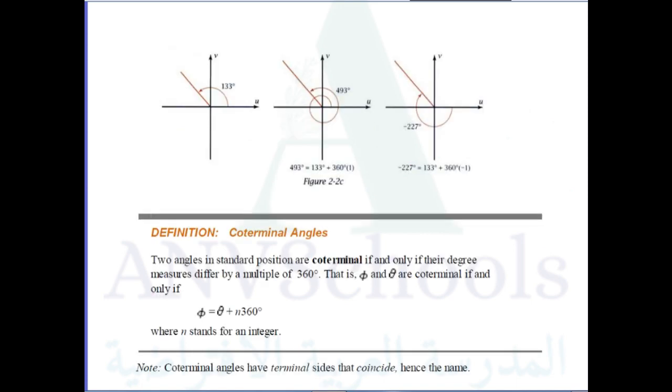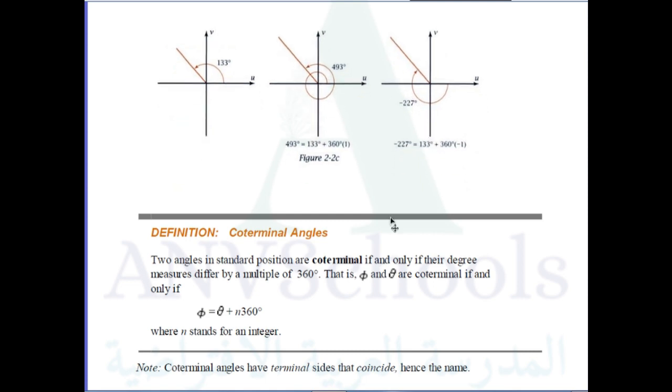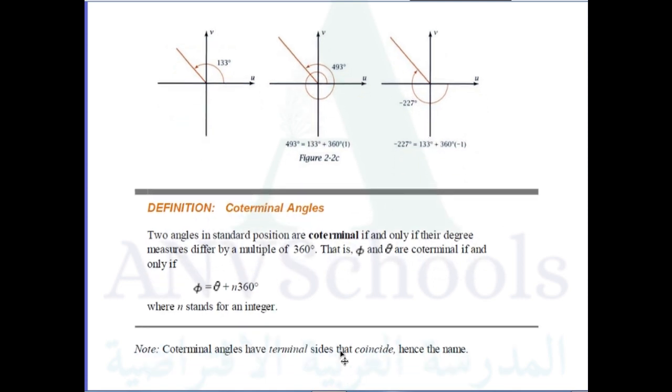Next, we have another term here, which is called coterminal angles. So what are coterminal angles? Coterminal angles are angles whose terminal side ends up at the same point. So those are coterminal angles. Let us take a look at all of these examples above.